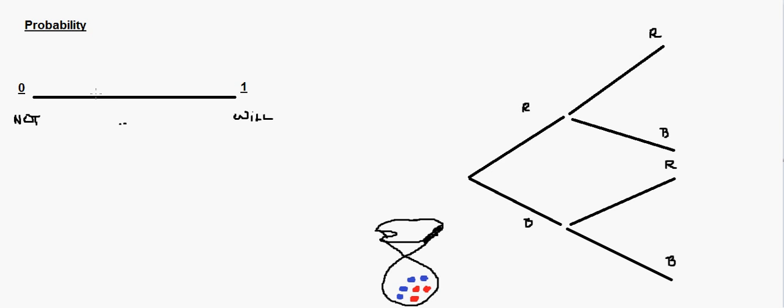Sometimes in an exam they might say, given this scale from 0 to 1, where on this scale would you expect the probability to fall?